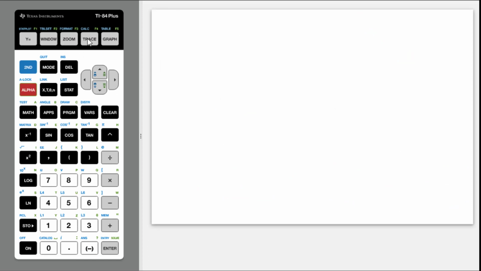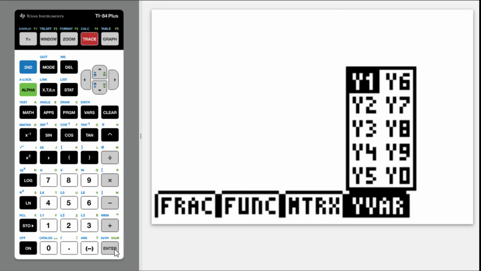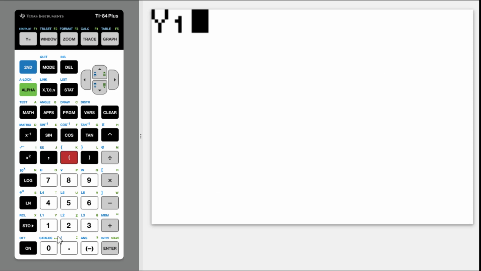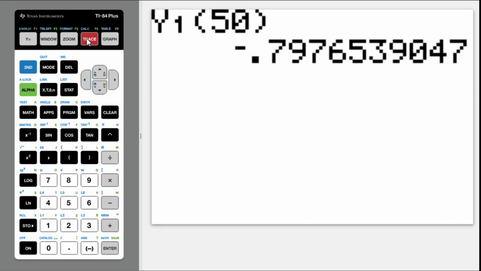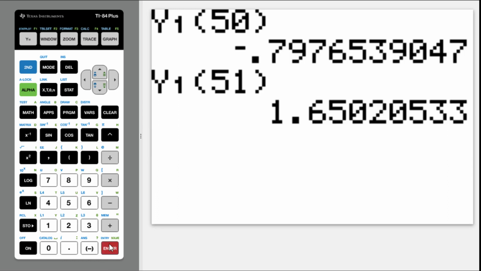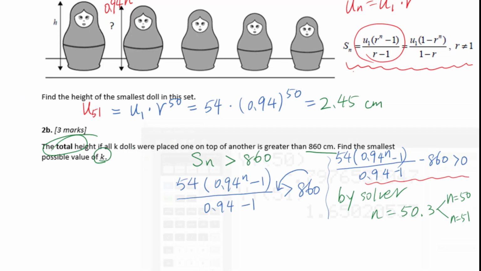So I go to alpha trace, enter, plug in 50, enter. It gives a negative number, so it's not 50. Alpha trace, let's plug in 51. You will get a positive number. So 51 will be the correct answer. n equals 51.